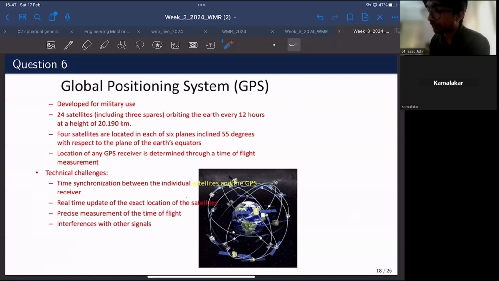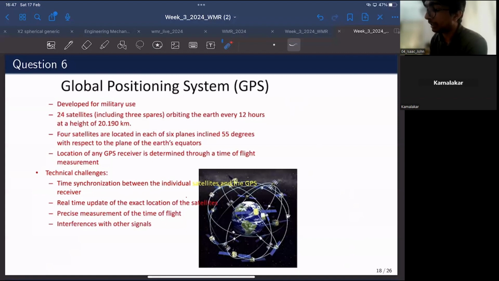Okay, and there are some technical difficulties. There could be time synchronization issues between satellites and receivers, because it takes time for a signal to travel from the transmitter to the receiver. The different satellites have to be synchronized in order for us to get a more accurate measure of location.